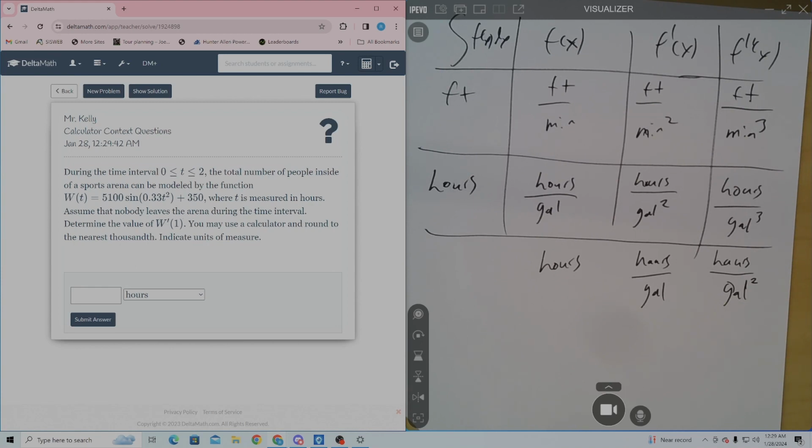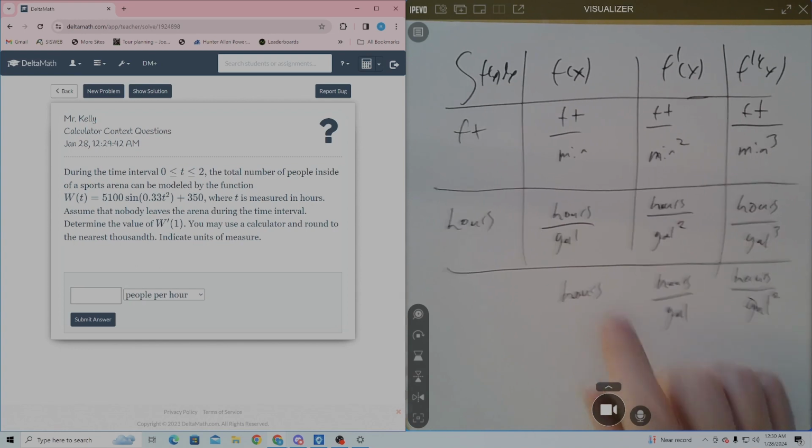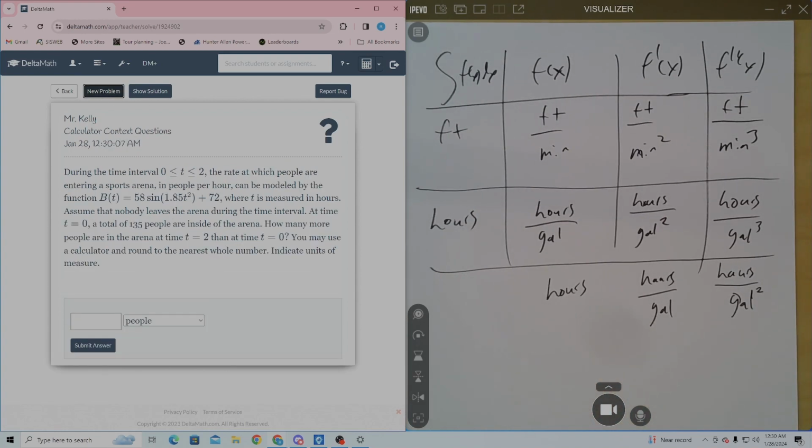The other thing to be aware of with this one is to make sure you're paying attention to this. This is people per hour. Because it's a total number, it's kind of the same thing as this one. You have to use the unit part of it as well. But this is just math 8. You can do that. Oh, this is kind of nice.